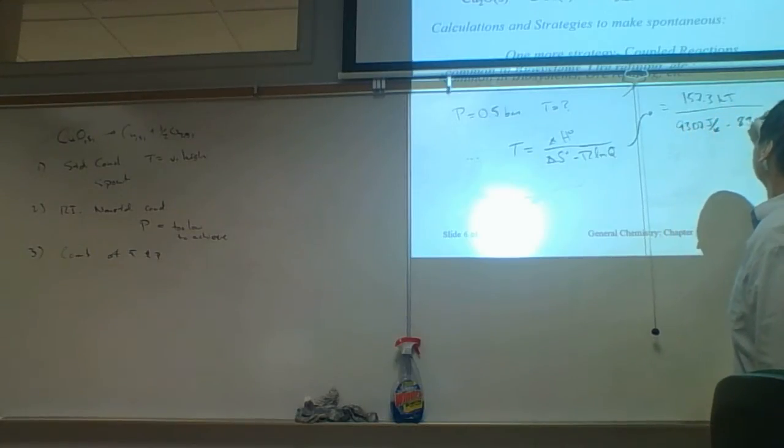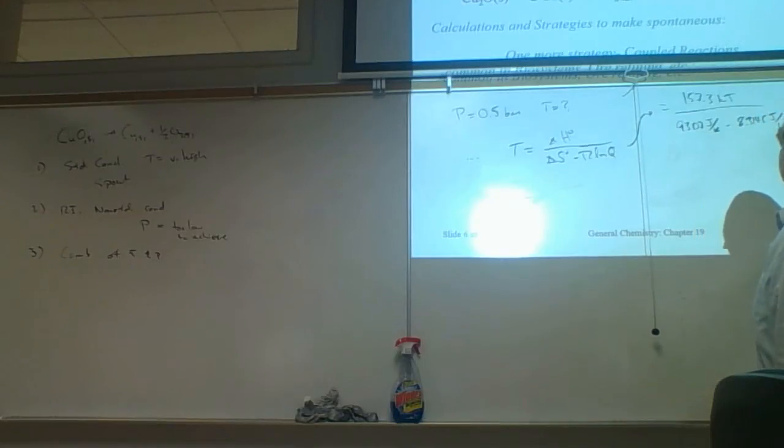R? 8.3145 joules per Kelvin. This is just going to be per mole of CuO. ln of Q. Now Q is our pressure in this case. It's 0.5 to the 1/2, right? Because that's what we got earlier. 0.5 to the 1/2. And so what is the temperature?